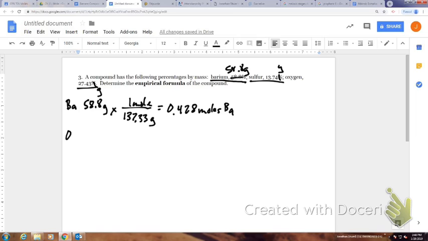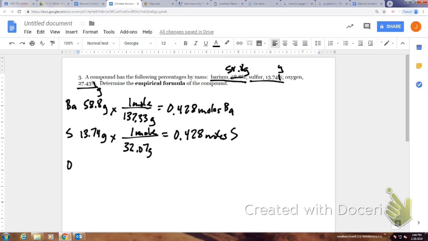So let me go back and do sulfur. Sulfur is 13.74 grams times its molar mass, 32.07 grams per 1 mole. So 13.74 divided by 32.07 equals 0.428 moles of sulfur.